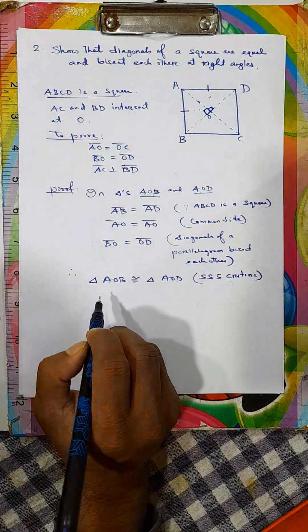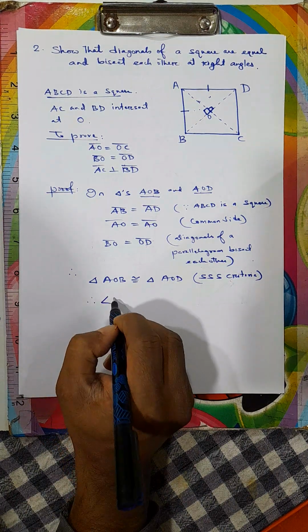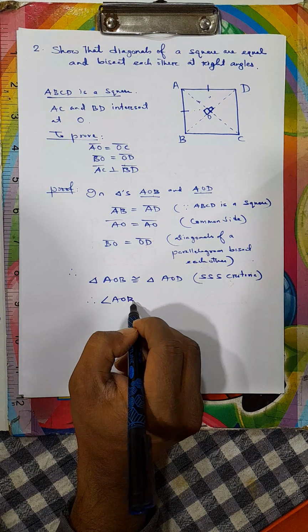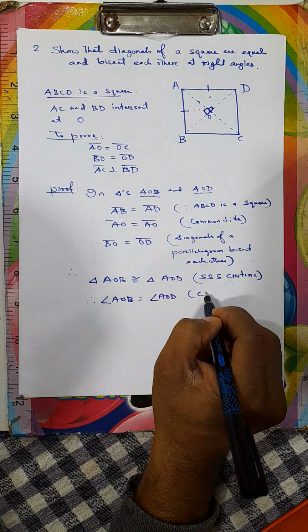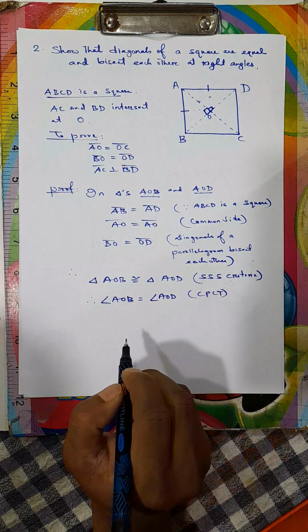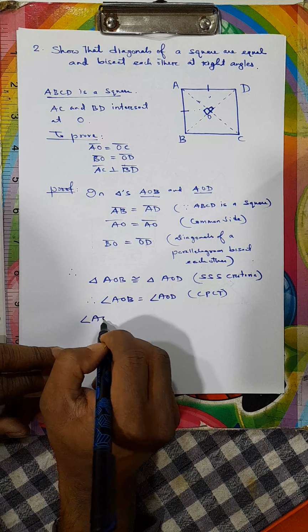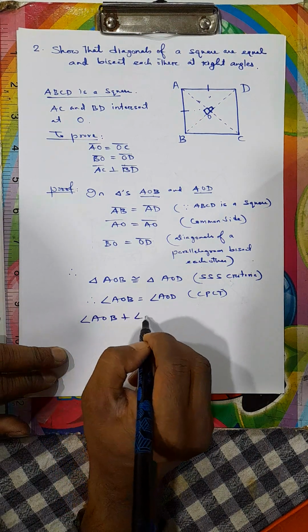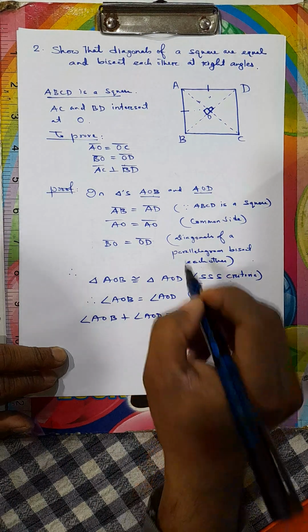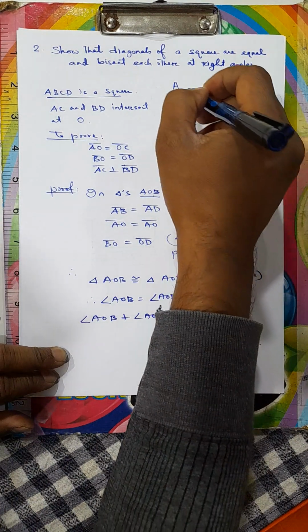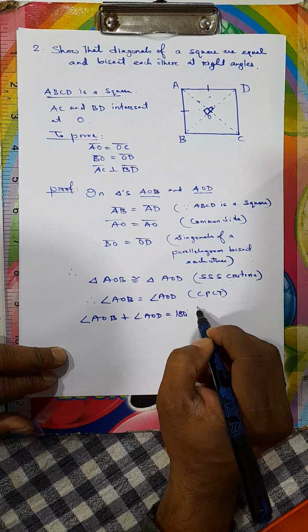Now, if these two triangles are congruent, then by CPCT, angle AOB equal to angle AOD. CPCT, corresponding parts of congruent triangles are equal. Now, angle AOB plus angle AOD is 180 degrees. Why? It's a linear pair. Angle AOB and angle AOD, it's a linear pair.